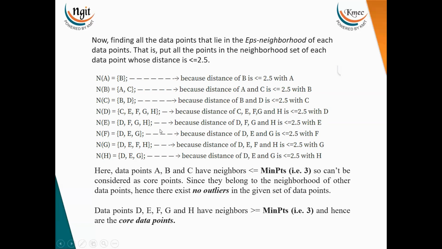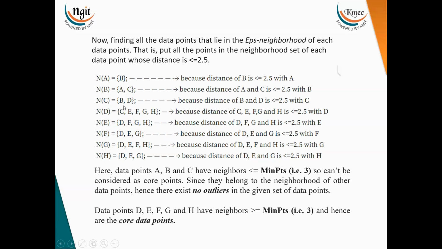When you take the A, B, C data points, we can see only 2 points in the neighborhood. So it means that A, B, C have fewer neighbors than the given minimum points, that is 3. So we cannot consider A, B, C as the core points.